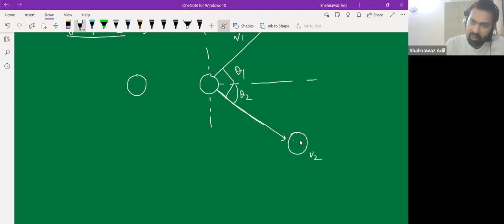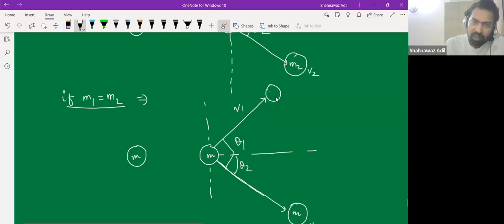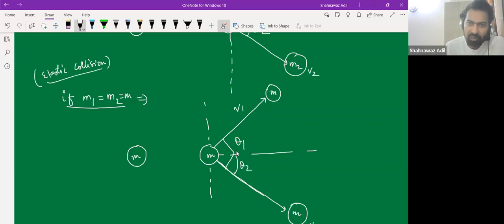This is m, this is m, this is m, and this is m. So if m1 equals m2 equals m, which means the masses are equal in an elastic collision, right? Remember, this is in an elastic collision. So in an elastic collision, what do we have to prove?